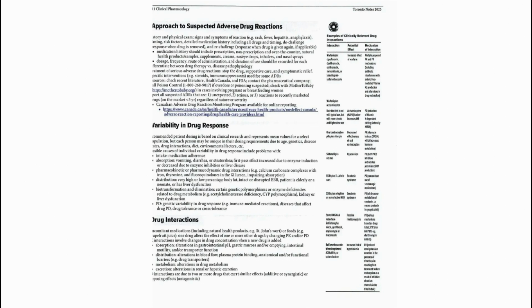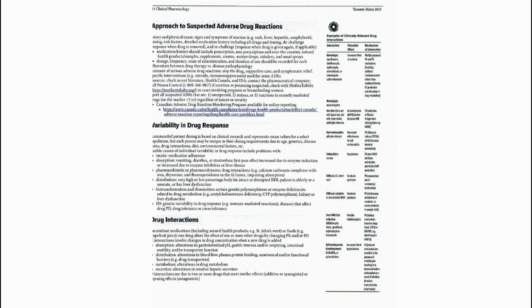Management of serious ADRs. For severe adverse drug reactions, immediately discontinue the suspected medication, provide supportive care, and treat symptoms appropriately. Some immune-mediated reactions require treatments such as corticosteroids and immunosuppressive therapy.